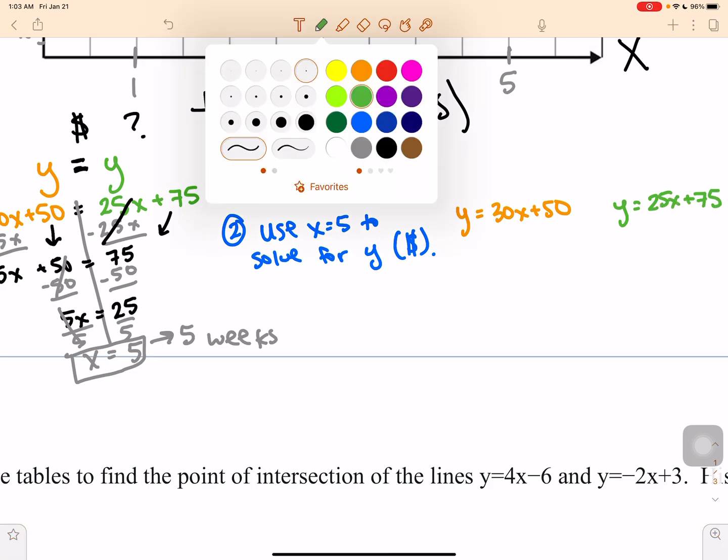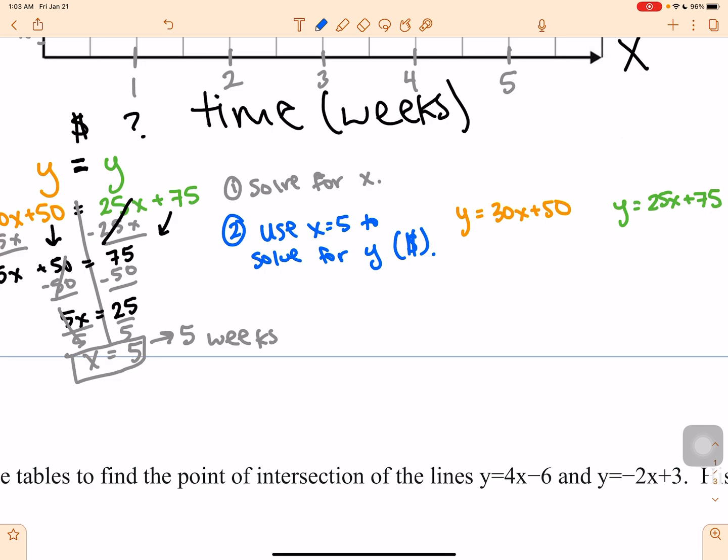Well, if we now know x, right, if we know x is 5 weeks, we can plug in 5 for each of these weeks. And then that tells me how much money, y, they're going to have at 5 weeks.